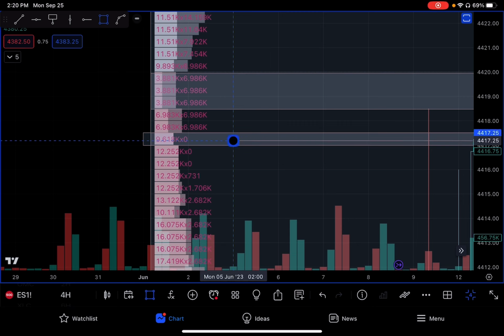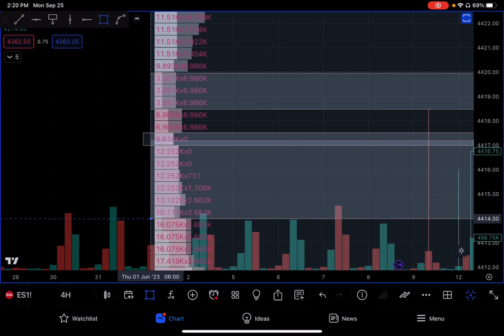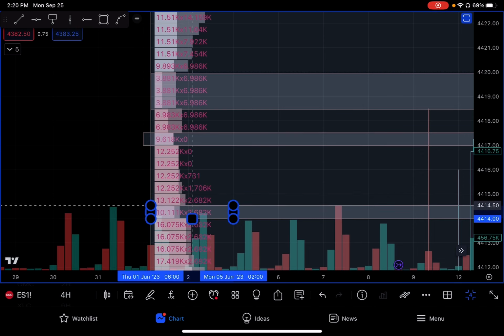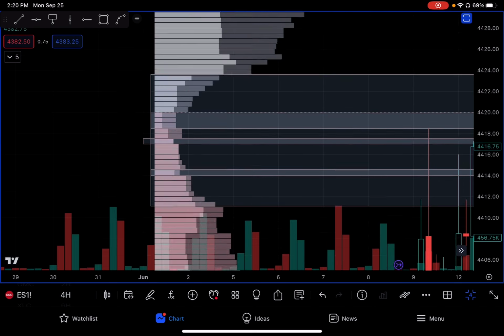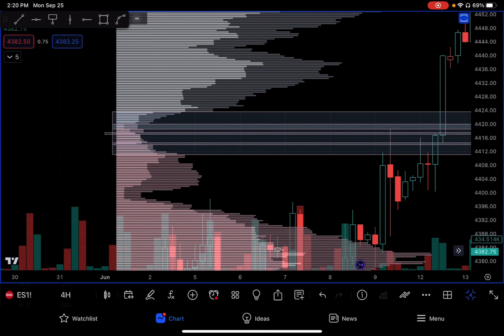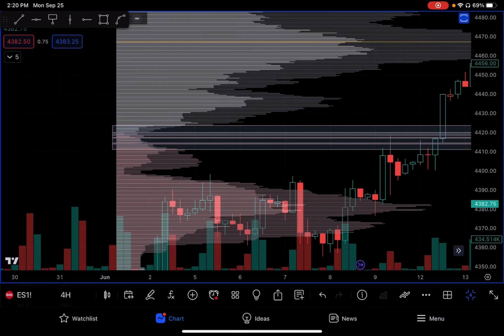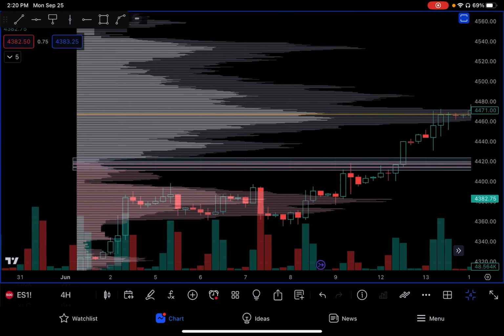I'm not going to make this look pretty just for sake of time, but it will all work the same. There. Okay, so that is our LVN out of value, separating those balance zones.